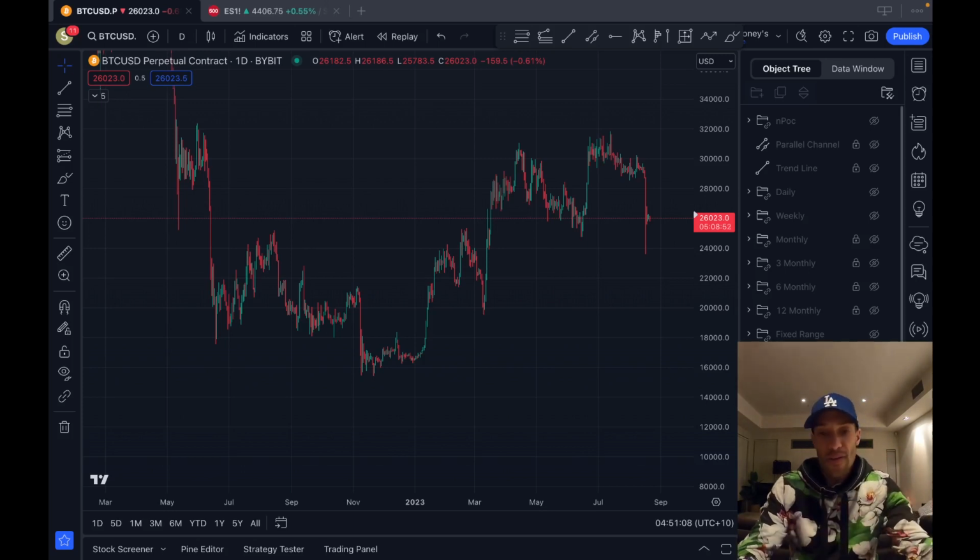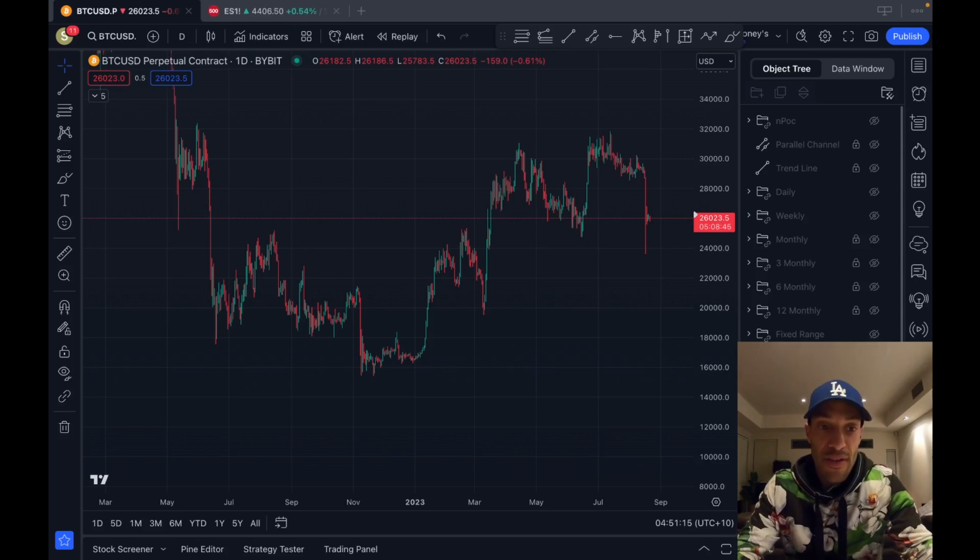What I've found is the object tree is a great tool just to keep you organized and to make sure that you've gone over everything and done your due diligence when looking for zones in the charts to take positions from.